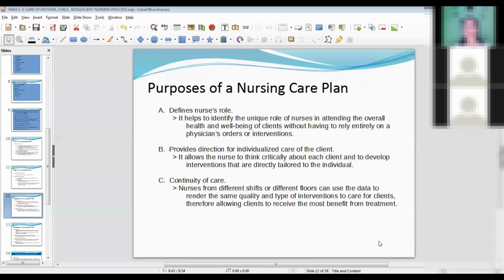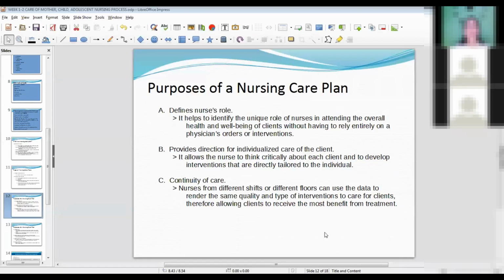One is most probably infection, and the other one is dehydration. So we don't have to wait for the doctor's order to encourage our patient to increase fluid intake. So these are nursing functions or interventions that we can do even without the doctor's orders.